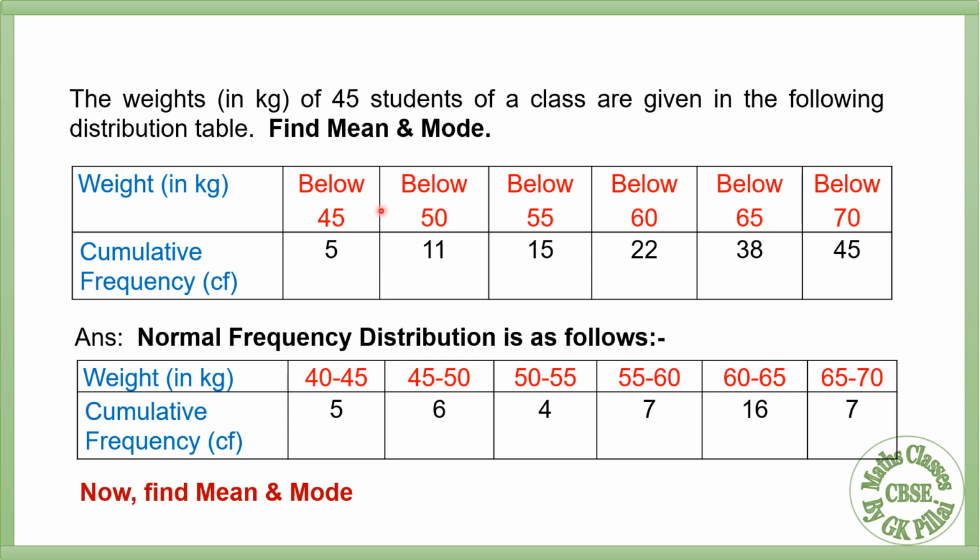Then 45 to 50 will be 11 minus 5, 6. 50 to 55, 15 minus 11, 4. Then 55 to 60 will be 22 minus 15, 7. 60 to 65 will be 38 minus 22, 16. And the last one, 65 to 70, will be 45 minus 38, 7. After making the proper normal frequency distribution, you can find mean, median or mode.